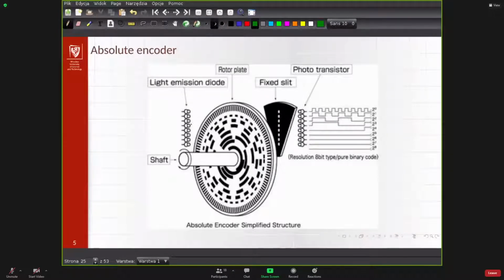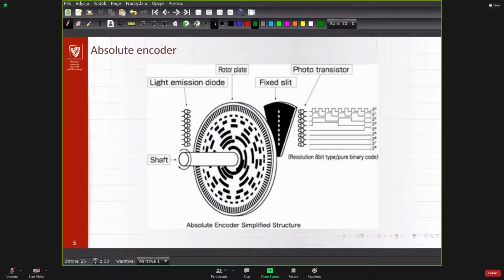Okay, the disadvantage of this method is that the precision of the encoder is exactly defined by the number of lines that you have here. So if you have like 8 lines in here, it means that you can divide the plate into 256 different positions, so the precision of the orientation will be less than 1 degree.